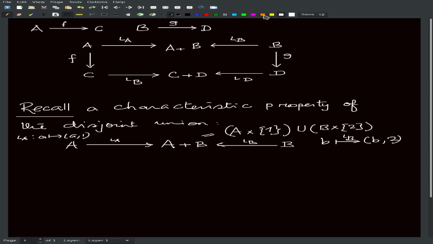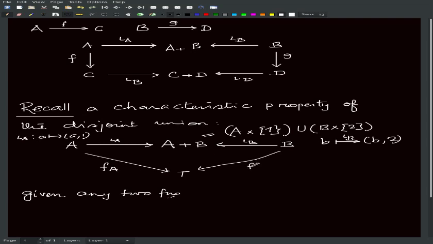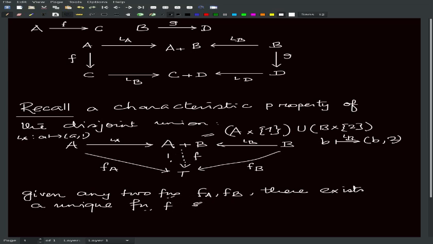Now the characteristic property is, suppose you give me any set. So given any two functions Fa and Fb, there exists a unique function F such that F composed iota A is Fa and F composed iota B is Fb.